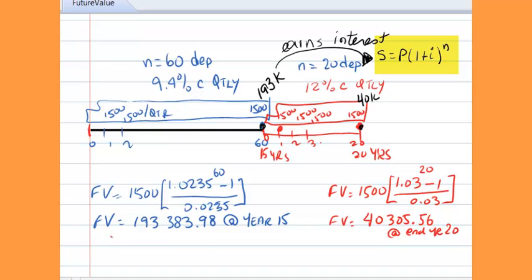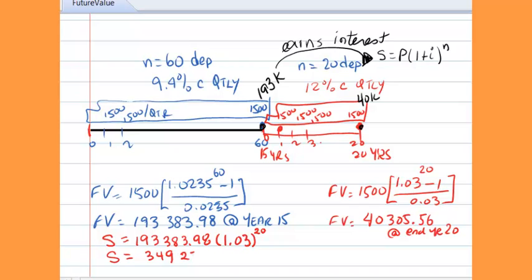And so if we take the $193,383.98 and multiply it by the compound interest factor for the last 5 years, that is, 1 plus 3% per quarter for 20 quarterly periods, that's going to give us a maturity value of $349,272.99.